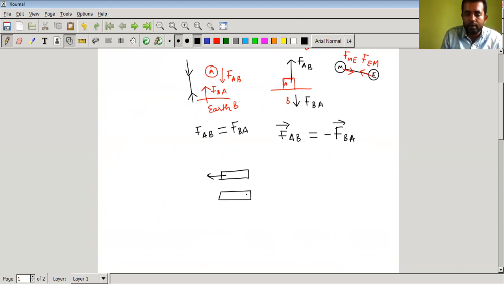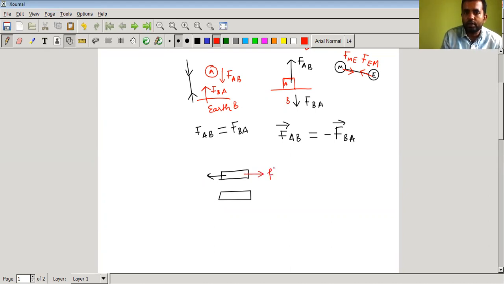This hand will exert a friction on this hand. Now relative to this, friction opposes relative motion. So with respect to this, the hand is moving forward, so there will be friction in this direction, right?